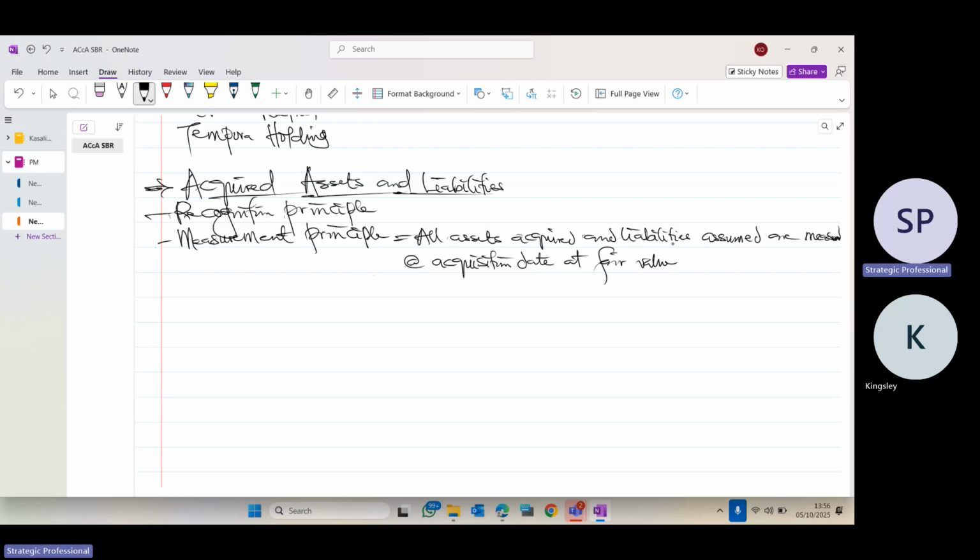Take note of that. Having said that, let's go to the various types of consideration that we have.